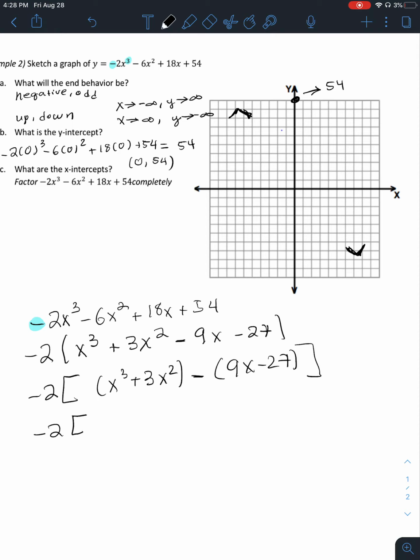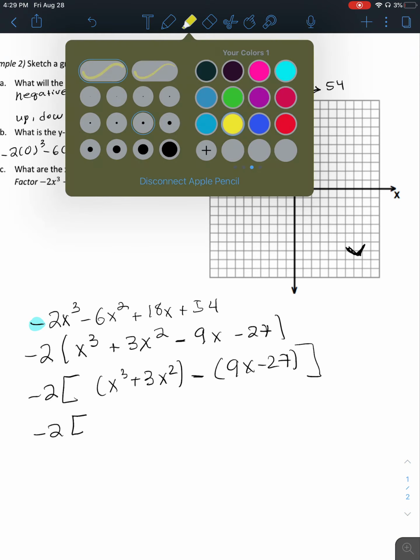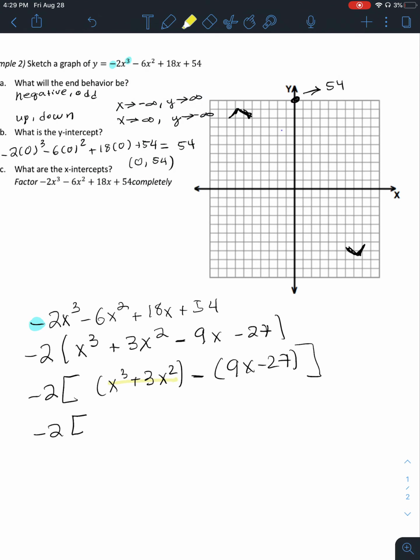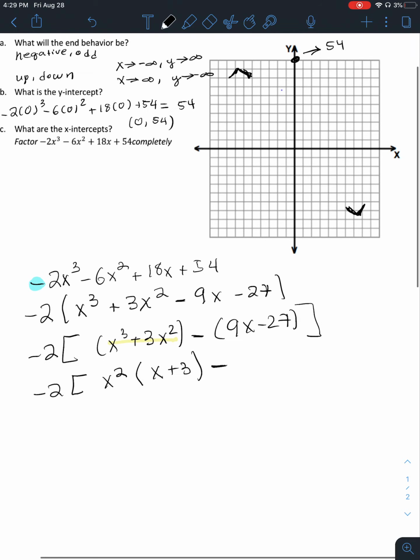That's still there from my previous step. So when I look at this part, I know that they both have an x squared in common. So I'm going to go ahead and take that out. And I'm left with x plus 3. Leave my minus sign. And I'm going to factor out a 9. And I'm left with x plus 3.